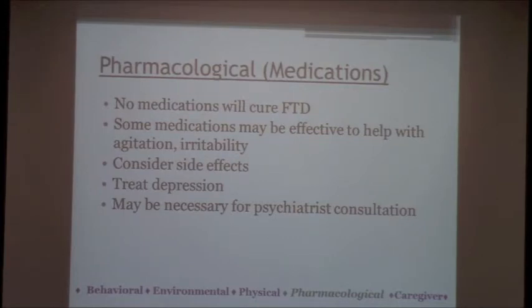People with frontotemporal dementia or cognitive changes may also have depression. And we have found that treating depression may actually help to manage some of the behavior. We have found that it may be necessary to get a psychiatric consult because some of the medications involved for particularly agitated behavior might better be managed with a combination of pharmacotherapies that are really outside the scope of a general neurologist.